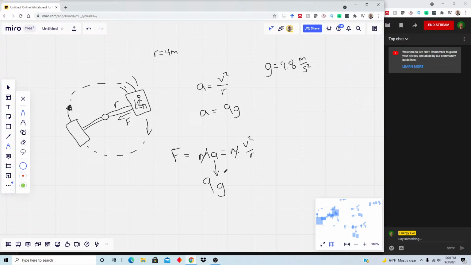So 9g is equal to v squared over r, and here we'll plug in 4 meters. If we multiply both sides by 4 meters, we have 36 meters times g is equal to v squared.